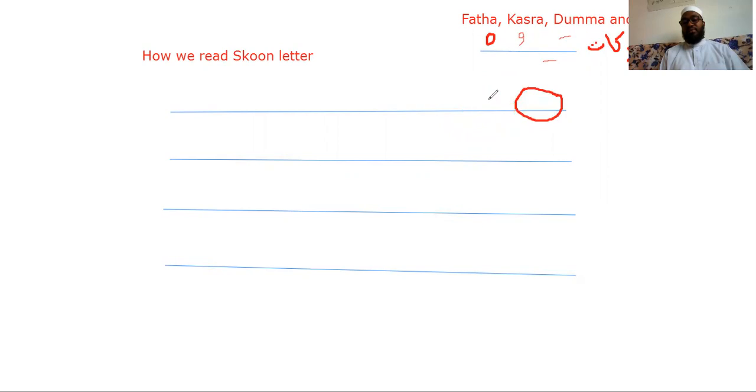So let us start from scratch. We have alif as the standard shape, but we also have this one, and this one.